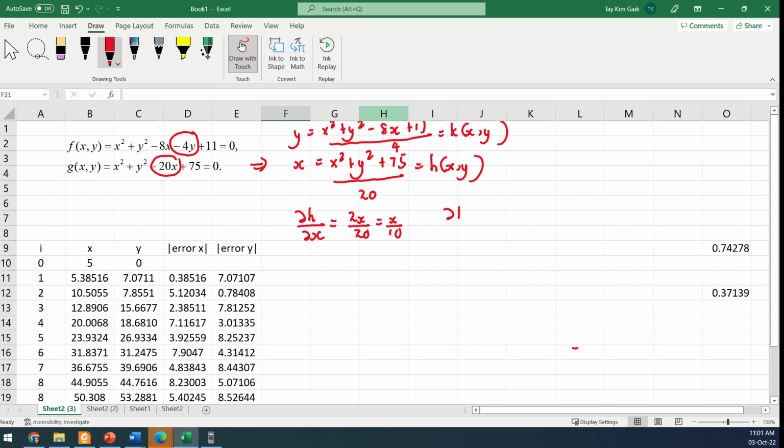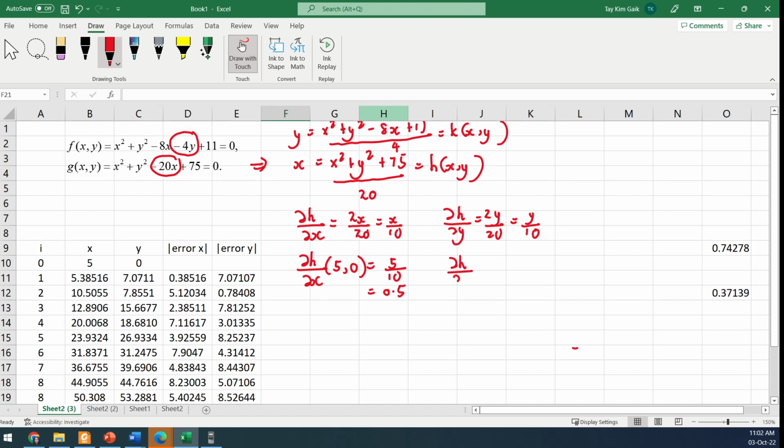Then del h del y is 2y divided by 20, or y over 10. You can calculate the value. Let's say del h del x, we choose the initial guess 5, 0. So x is 5, 5 divided by 10, so we obtain 0.5.